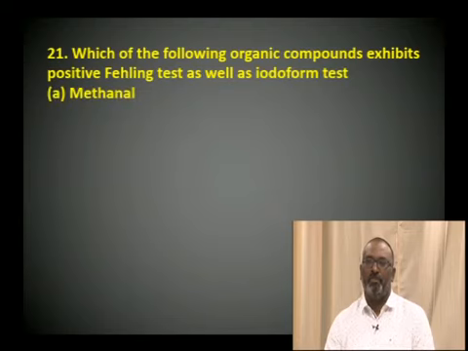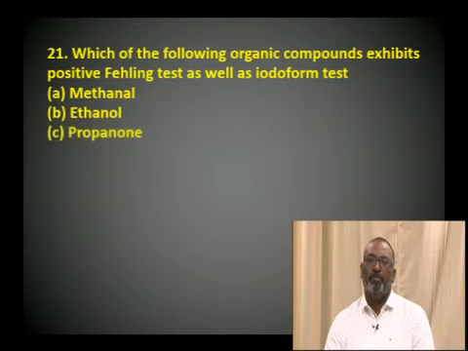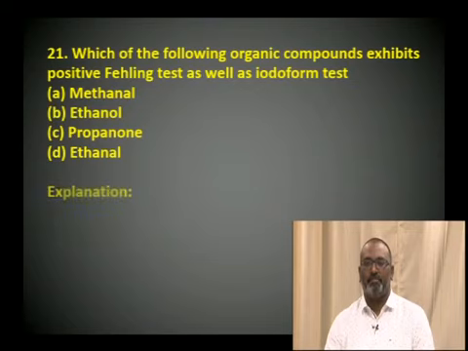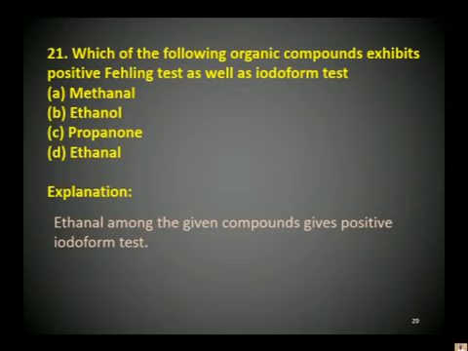Methanal, which is also called formaldehyde, ethanol, which we call ethyl alcohol, propanone, which we call acetone, ethanal, which we call acetaldehyde. Ethanal is the compound among these 4 options which gives a positive test for iodoform and which gives a positive test for Fehling solution also. So that is why answer is D.